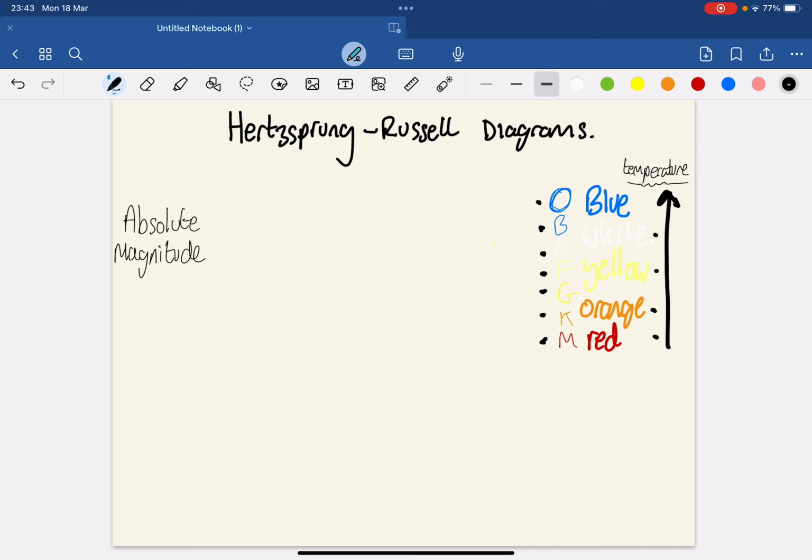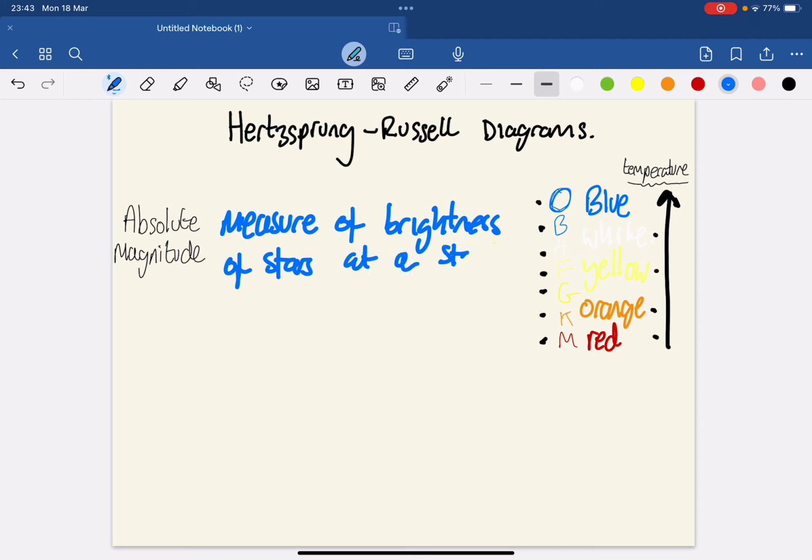And this is a definition that we have to be aware of: it's a measure of the brightness of the stars at a standard distance.